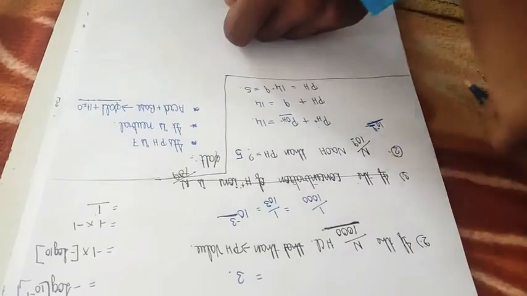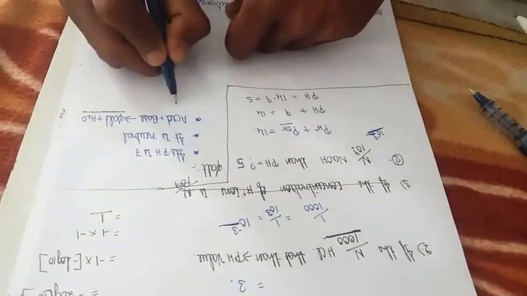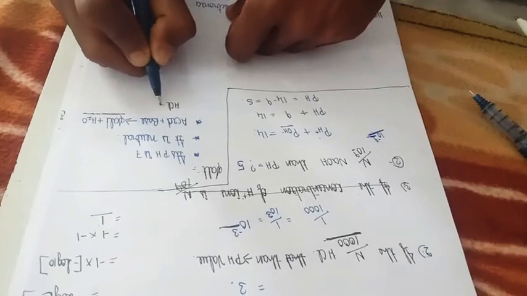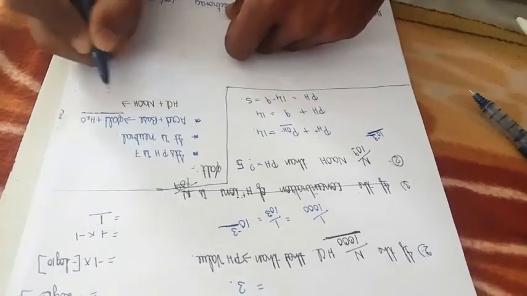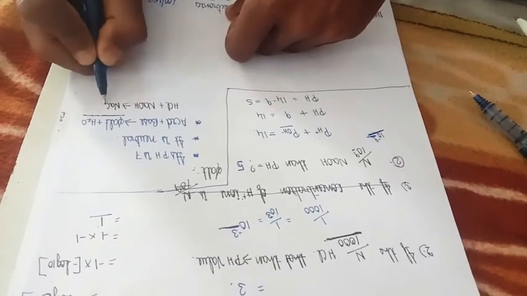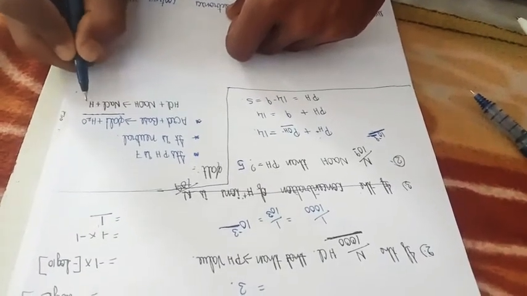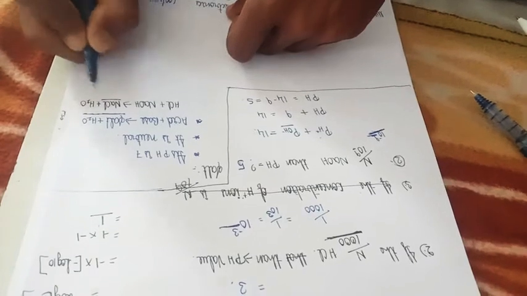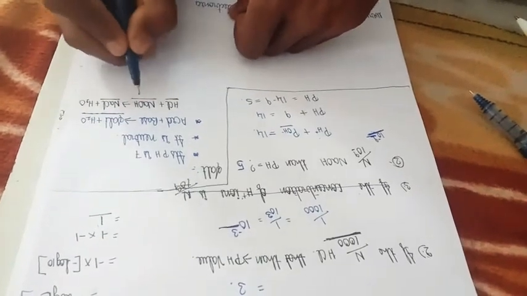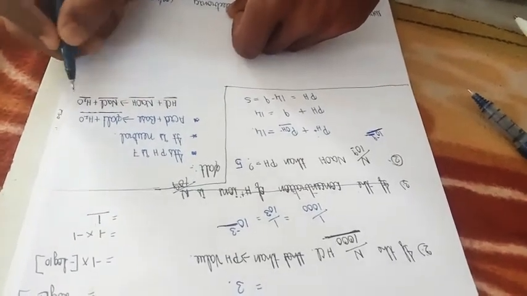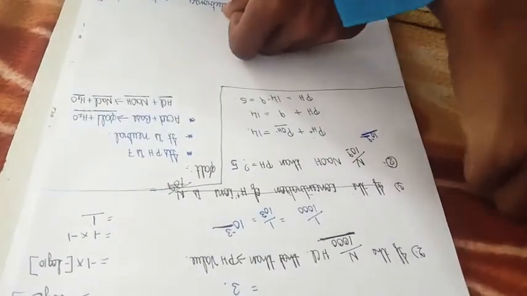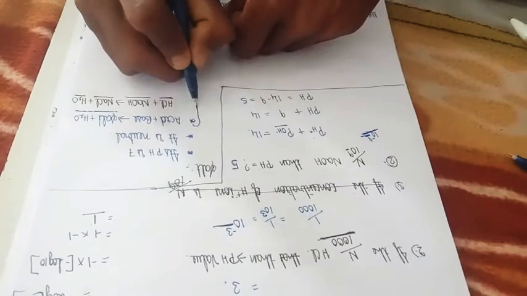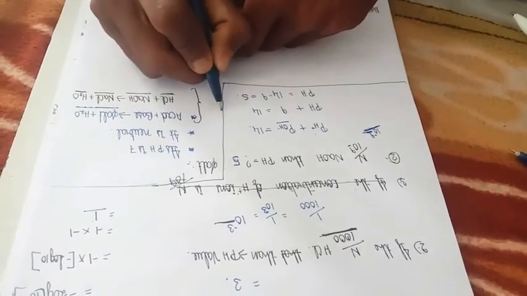For example, take HCl as the acid plus the base NaOH, which gives NaCl plus H2O. We got a salt. HCl is acid, NaOH is a base, H2O is water. This whole process is called neutralization.